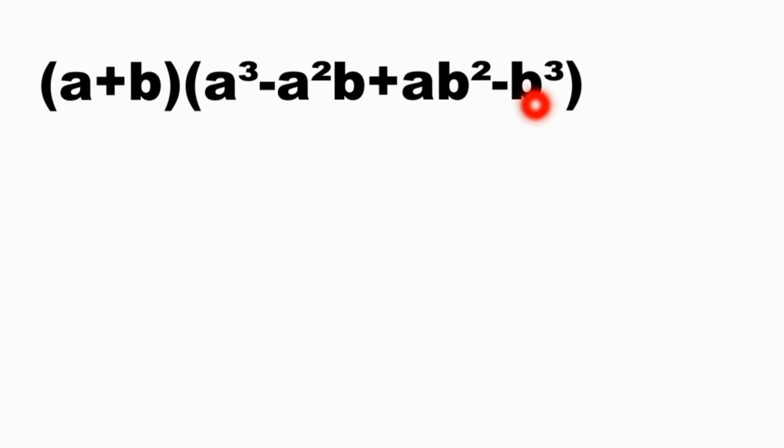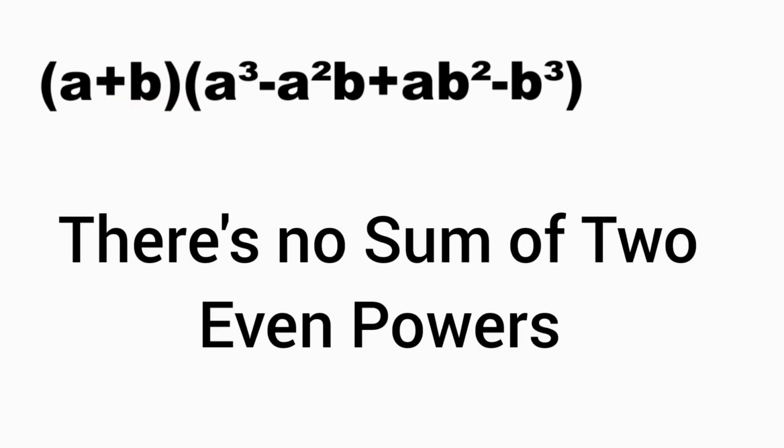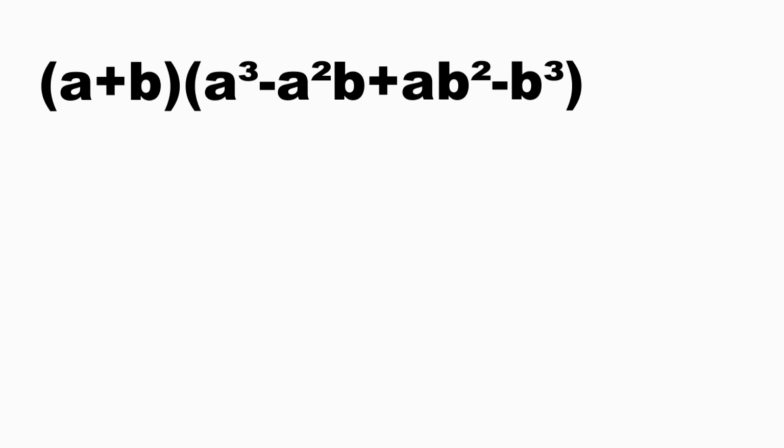This should be b, and this one should be plus b cubed, but because we alternate a negative here and a positive here, we end up with a negative, and in this case this will not yield a sum of two even powers.